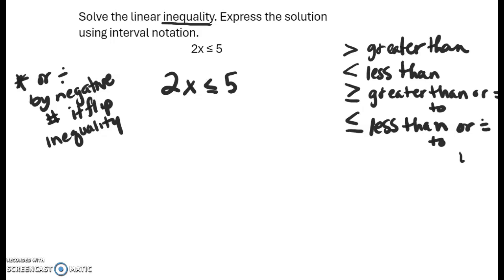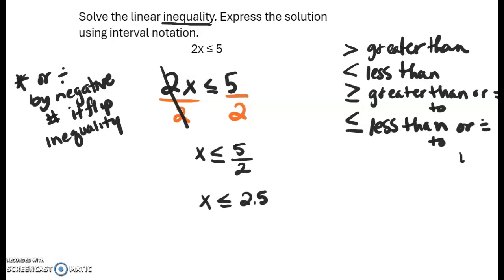So I want to get rid of the 2 because I want x by itself, so I'm going to divide both sides by 2. And when I divide both sides by 2, I'll be left with 1x, and that will be less than or equal to 5/2, or written as a decimal, 2.5.